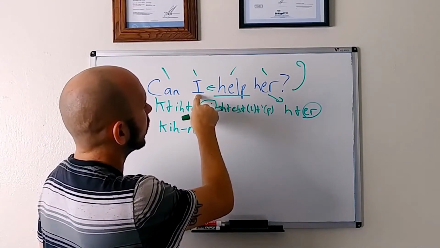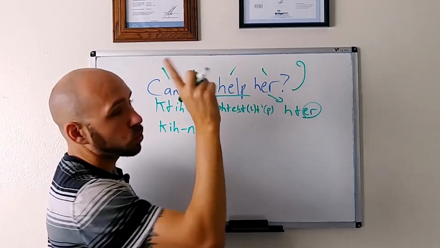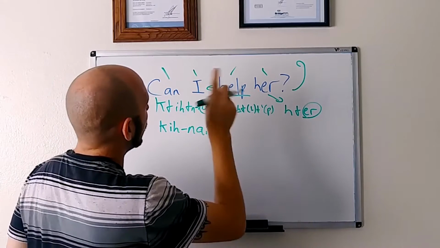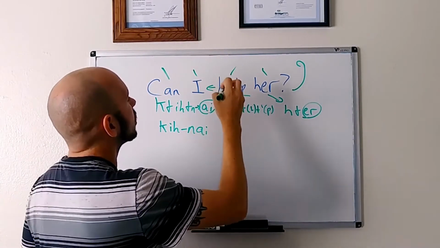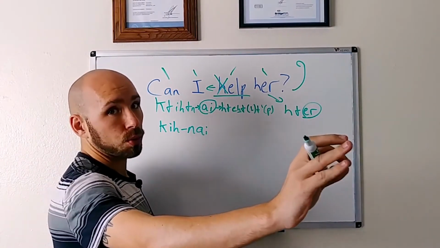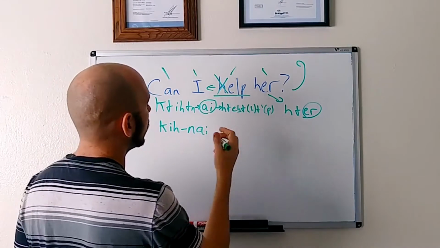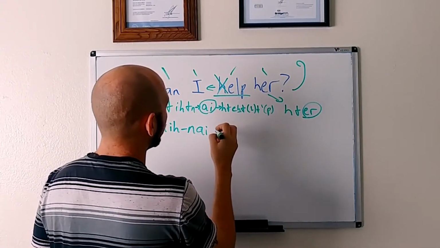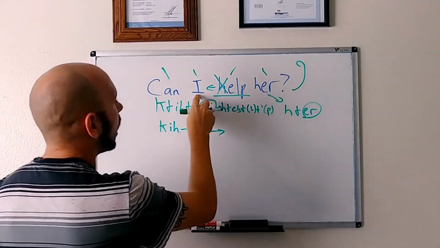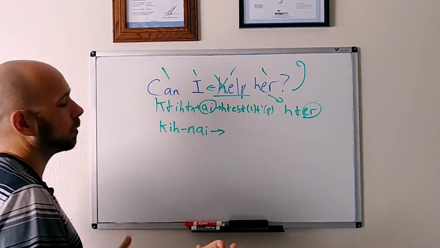If this sound can connect to this vowel sound, then what will usually happen in most cases, not all the time, but most cases, is the H will disappear and we will connect through to the vowel. This is one of the reasons why it's hard to understand spoken English. Can I. Now you might ask, well, how can I and e connect? They're two vowel sounds. Vowels don't usually connect to vowels.